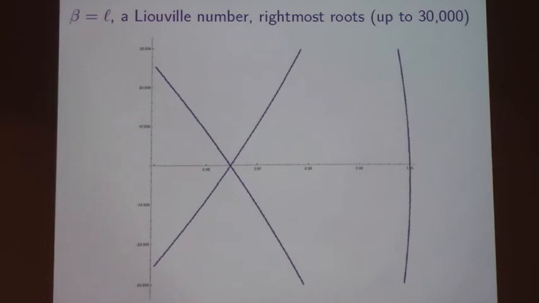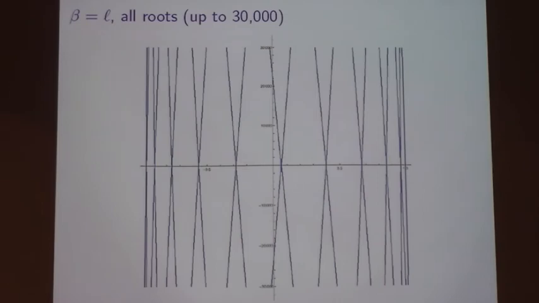Okay? And my favorite one is the Liouville number. So we pick the Liouville number that is in Wikipedia. And we look at the rightmost, and here I took all the way up to 30,000, not 10,000. And you can see this crazy parabola coming in. When you look back, well, you don't really see anything.